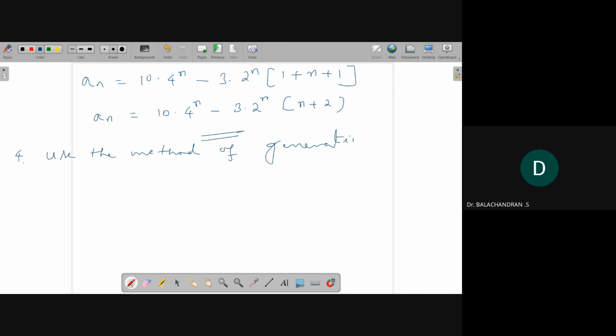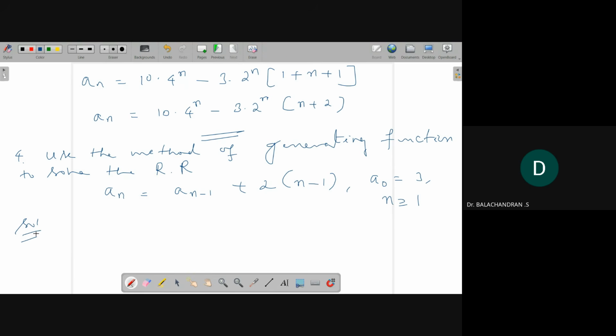So today all the problems I solved are using generating function. We solved the recurrence relation. To solve the recurrence relation a n equal to a n minus 1 plus 2 times n minus 1, where a naught equal to 3 and n is greater than or equal to 1.